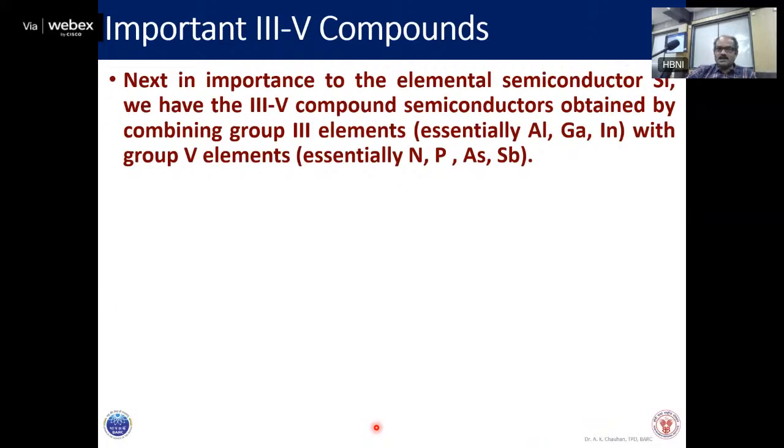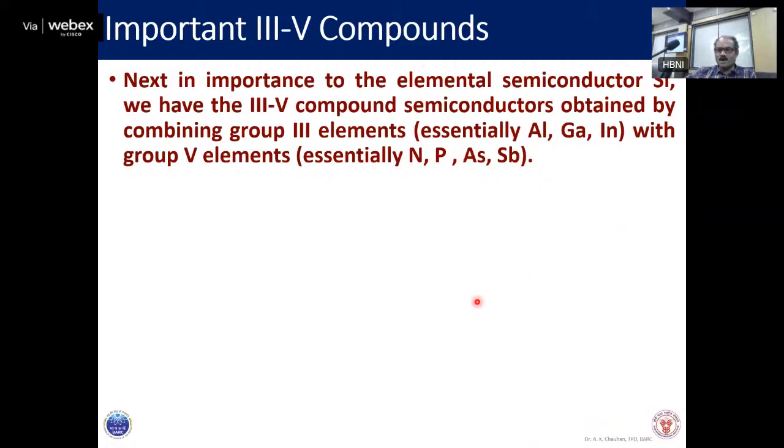Now let us see some 3,5 compounds. In one compound, one component is from group 3, like aluminum, gallium, indium, and one component is from group 5, which is nitrogen, phosphorus, arsenic, antimony.